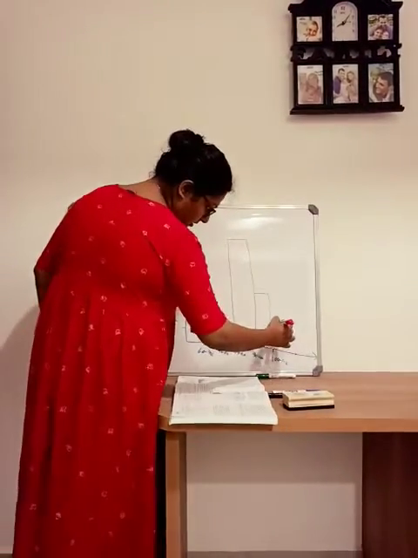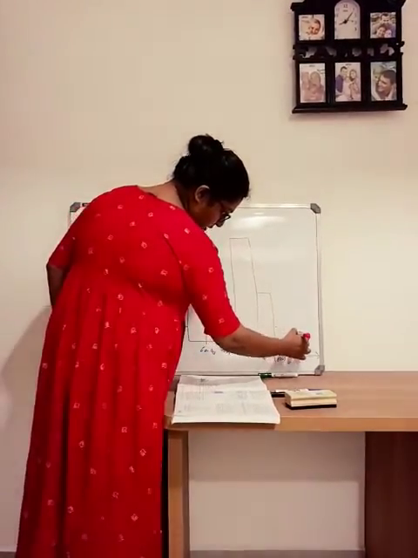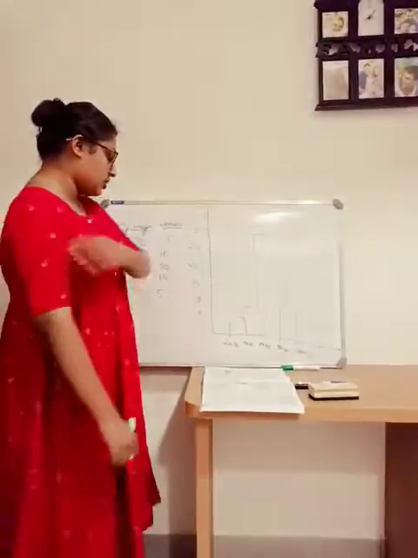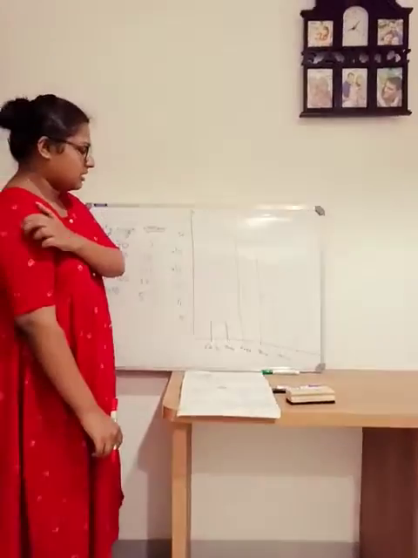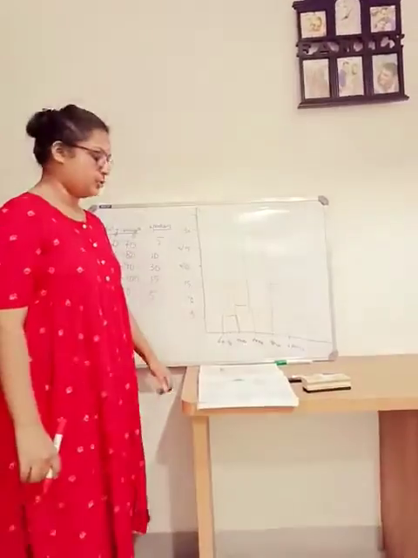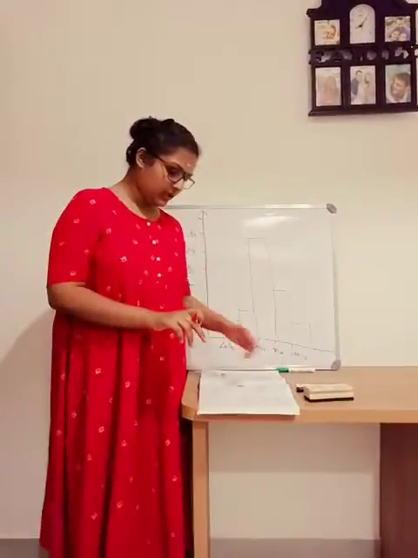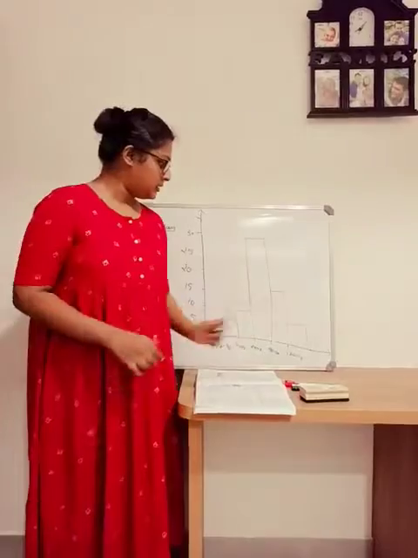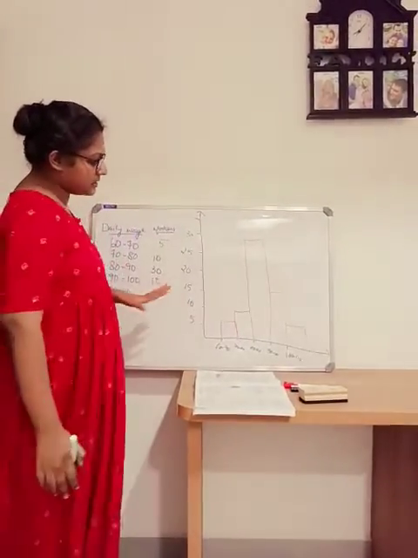It's 5 again. Then you have to draw one extra division for the class interval. So this is the histogram for you.